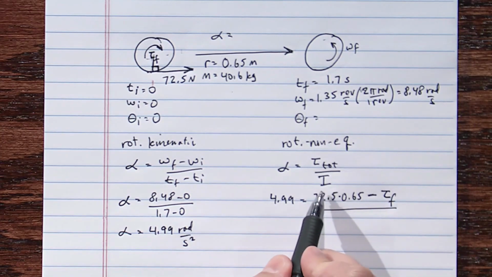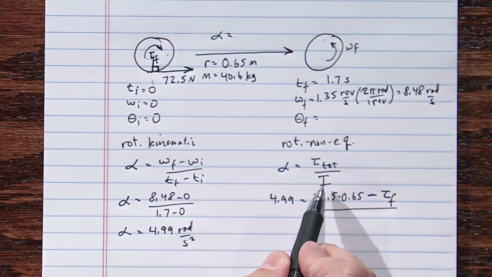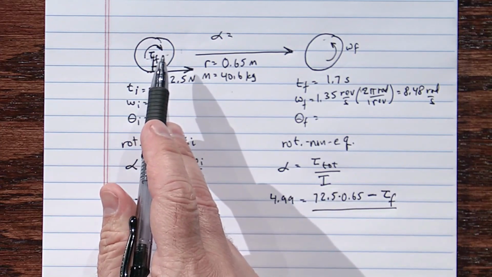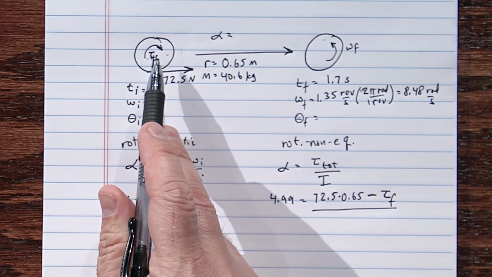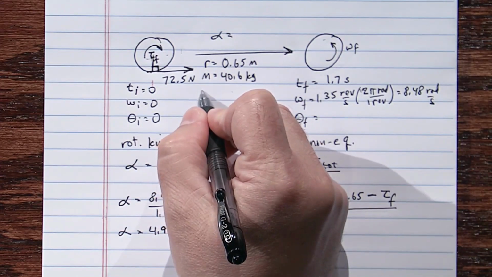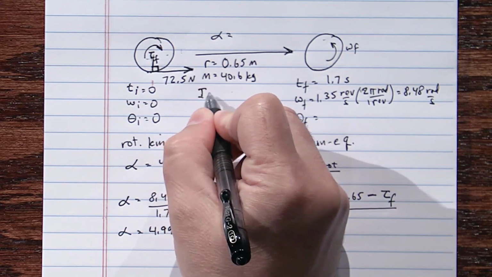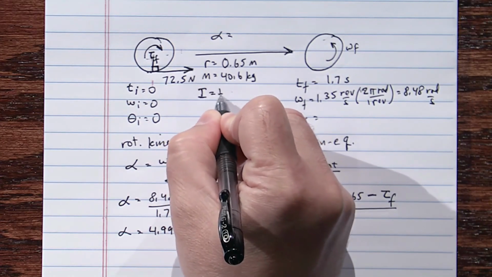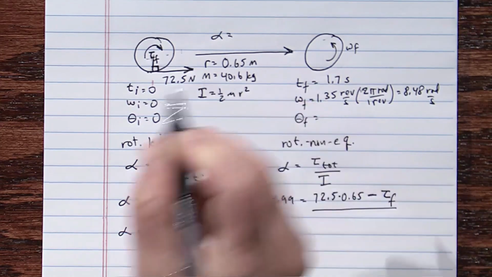And that's what we're actually looking for, tau frictional. And then we divide by rotational inertia. Once again, this gear is a solid disk, so the rotational inertia would be, according to our table, 1/2 mr squared.